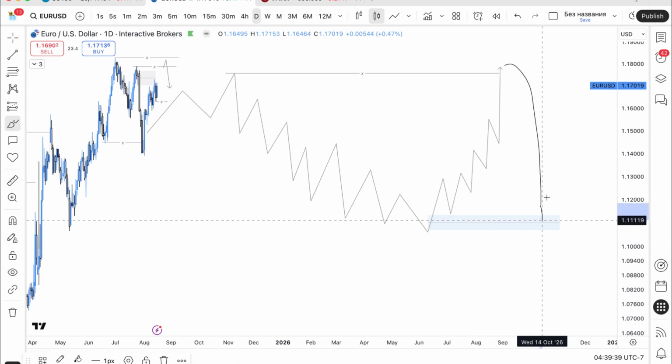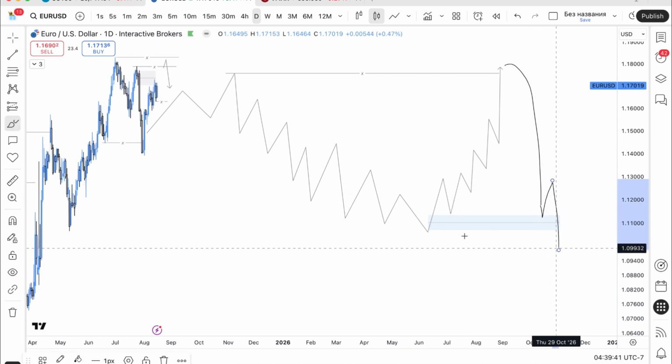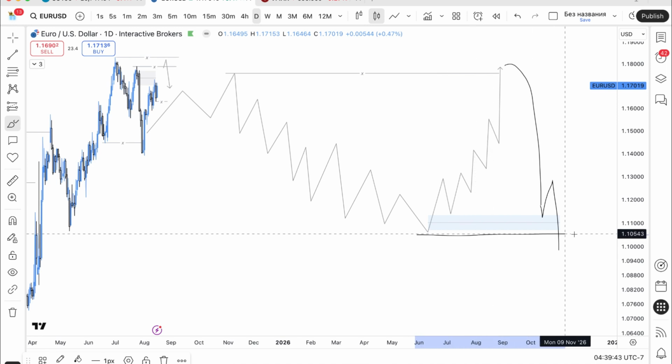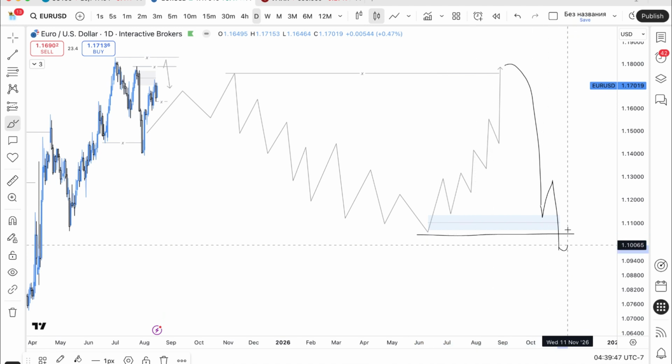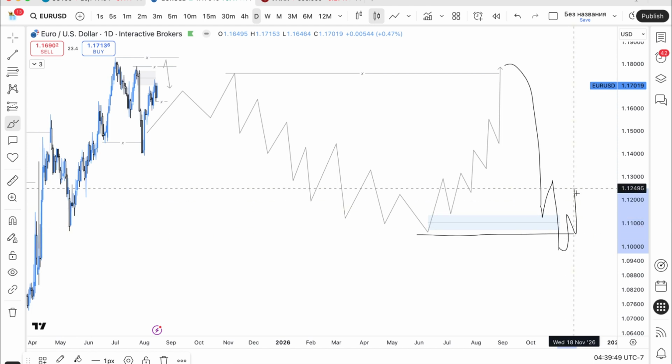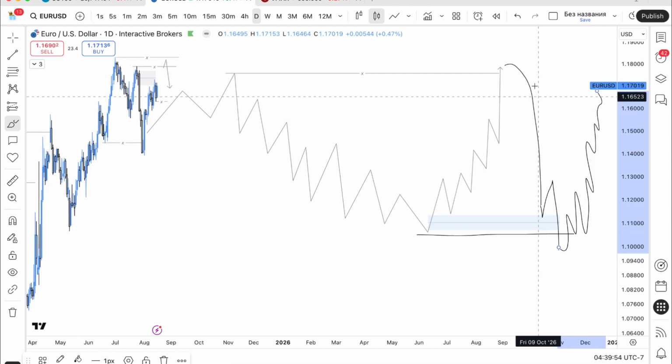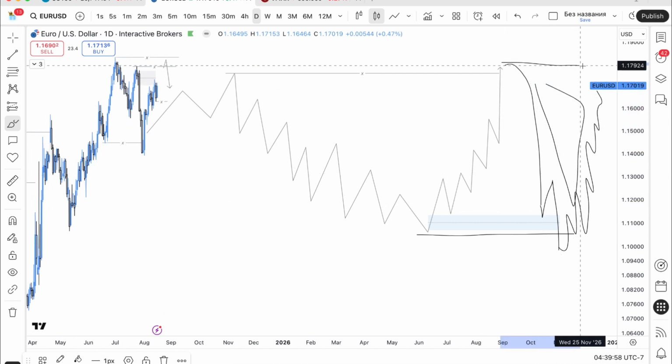Something like this, and then take everybody out. Now the external low is swept, as you can see, and from this external low, we're going to wait for price to switch and start running bullish like this, taking out more internal liquidity, and then taking out the external liquidity like so.